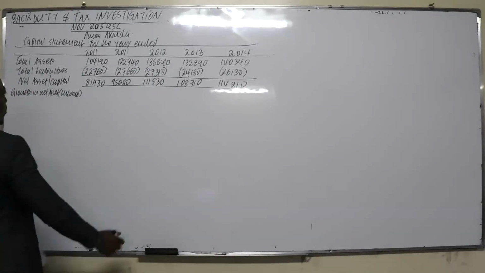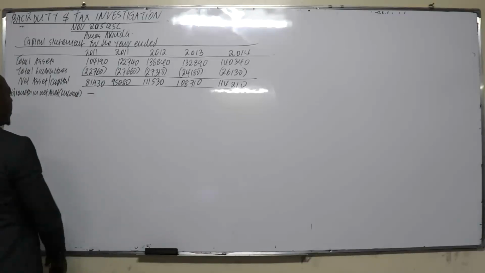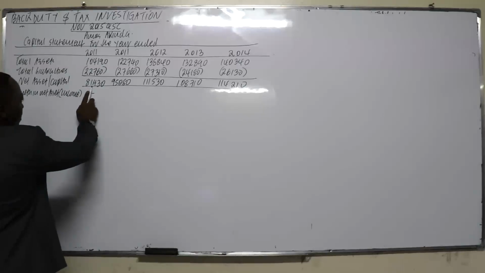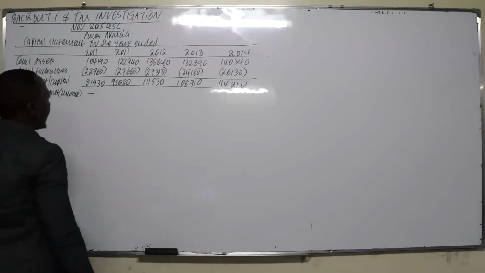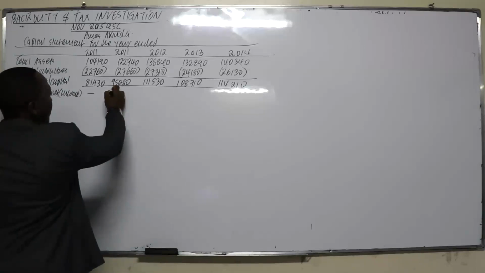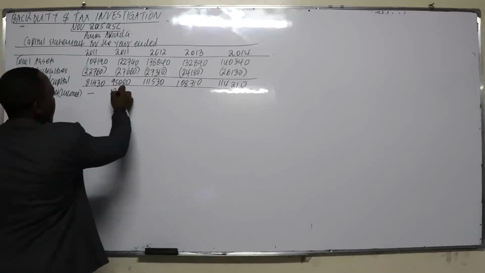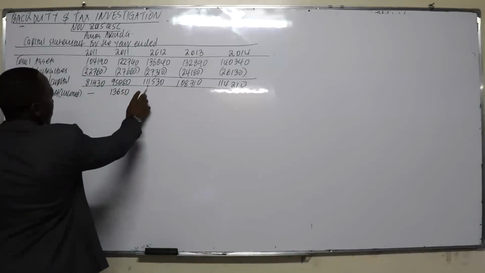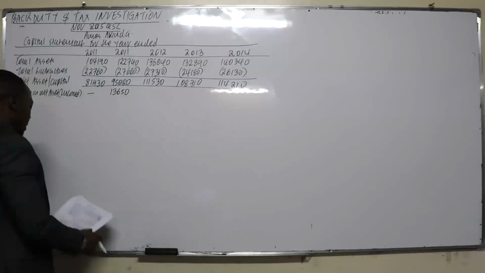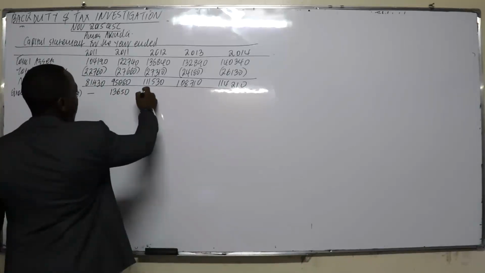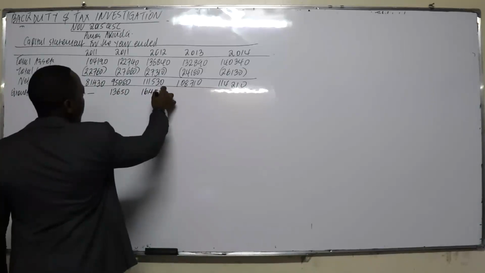So now let's determine the growth. At the beginning of 2011 is dash. Now wealth grew from 81,430 to 95,080, an increase by how much? 13,650. From 95,080 to 111,530, that's 16,450.